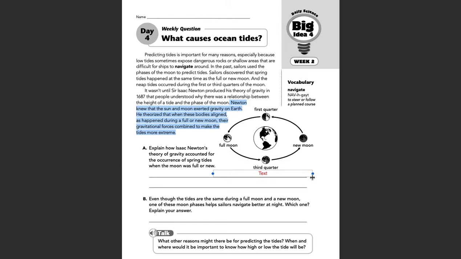should be something similar to: Newton realized that both sun and moon exert gravitational force on the tides, and these forces combine during a full or new moon.